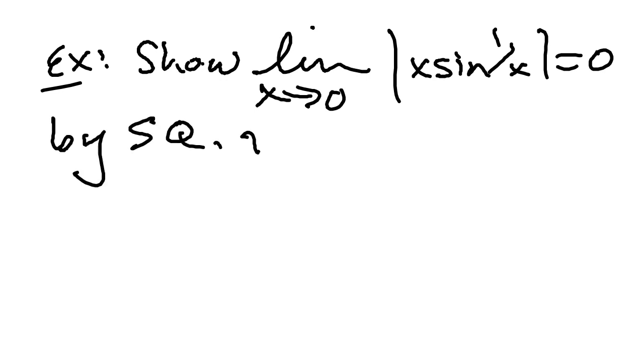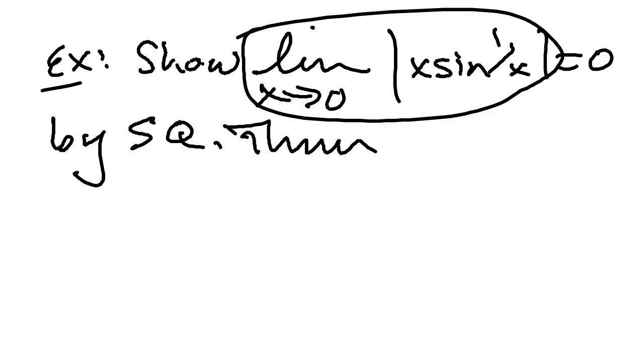What I'm trying to find here is the limit as x approaches 0 of this thing. So the reality is I want to put that in the middle, and then I want something on the right of this and on the left of this. So let's find out what we could do.